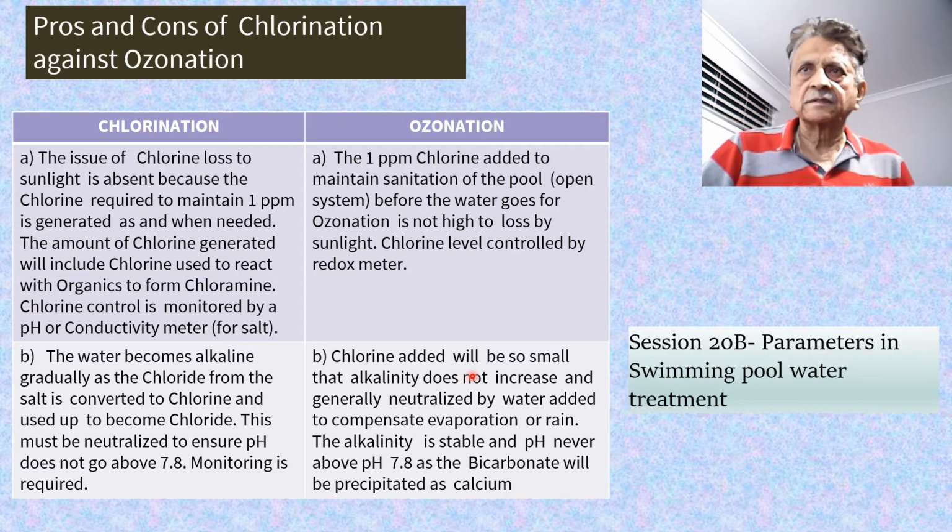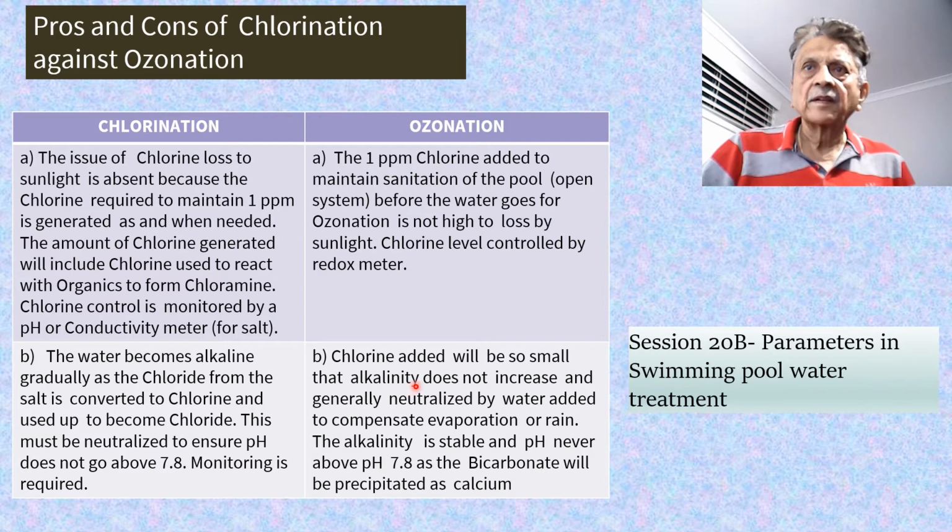Of course, when water is diluted by rain, we may have a dilution factor with respect to the chlorine, so we may have to add more chlorine to maintain the 1 ppm, but it will still be far less than if you use a chemical method.